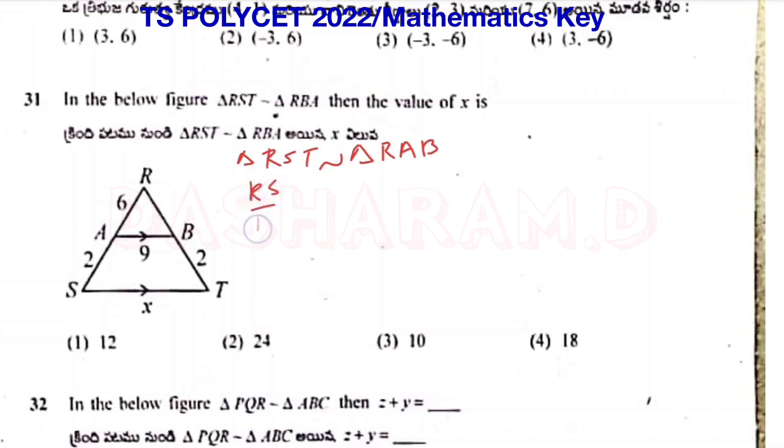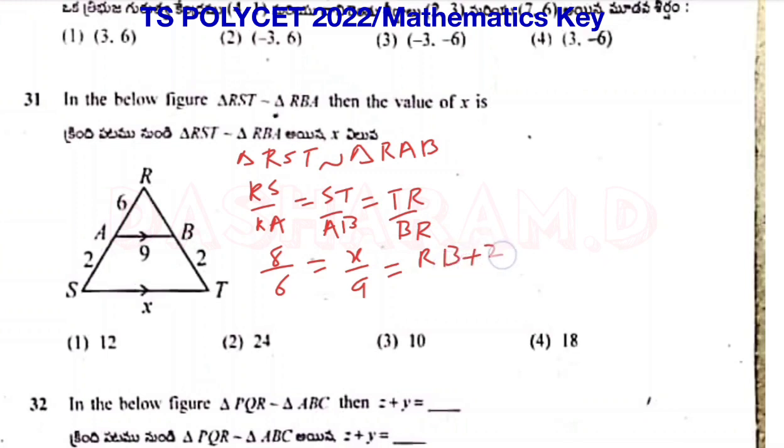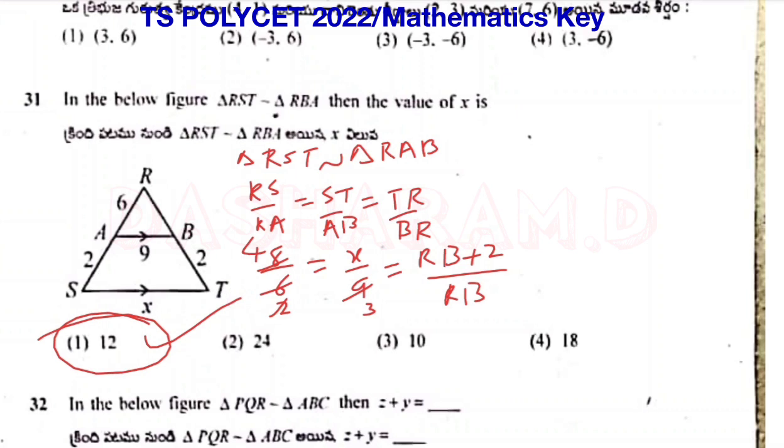RS by RA equals ST by AB equals TR by BR. RS is 8, RA is 6, ST is x, AB is 9, TR is RB plus 2, and BR is RB. Now to find x, 3 twos are 6... 4 into 3 is 12. The x value 12 is the answer.